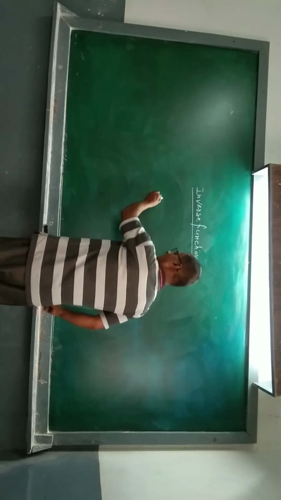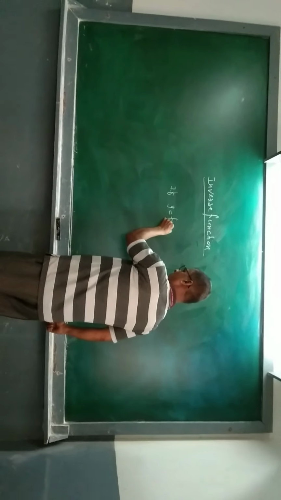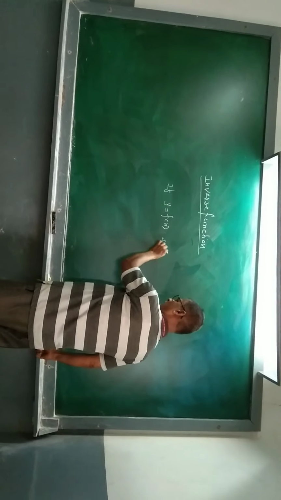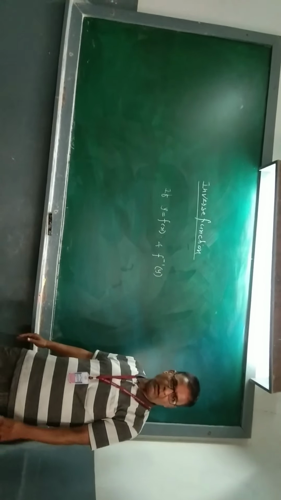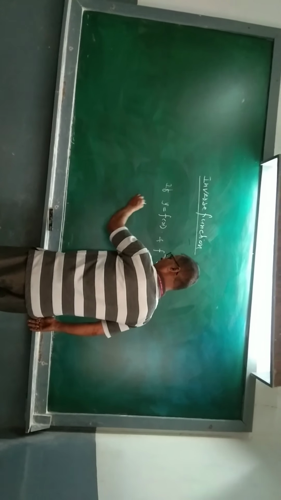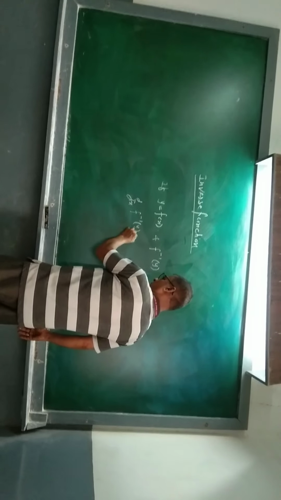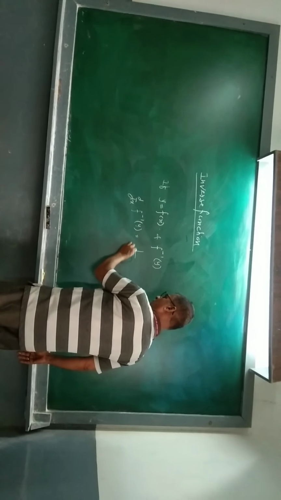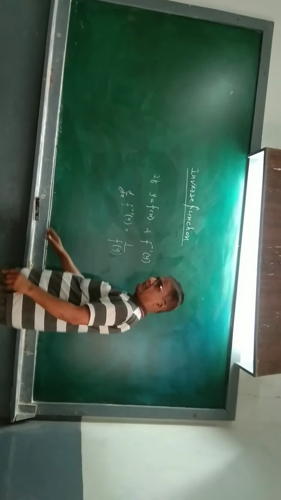The rule of differentiation to find the derivatives of the inverse function is in this way. If y is equal to f of x is a function and f inverse of y is the inverse function of the given y is equal to f of x, then the derivative of f inverse of y is equal to 1 upon f dash of x, in this way.